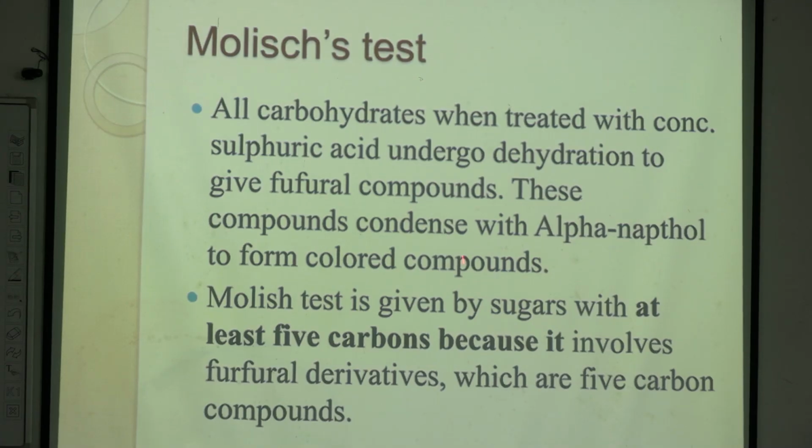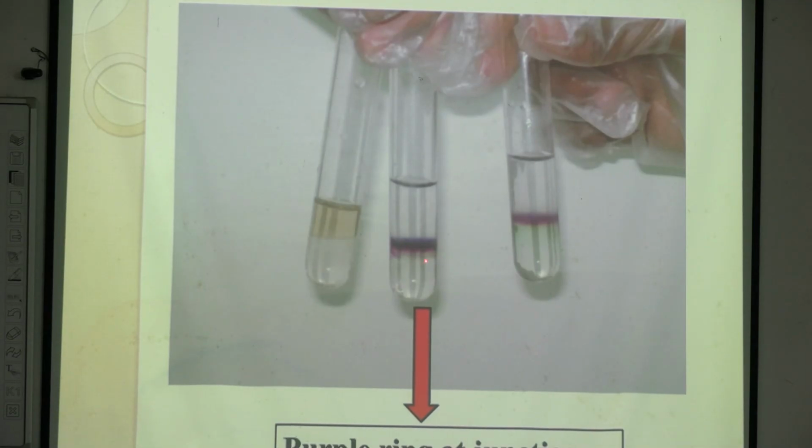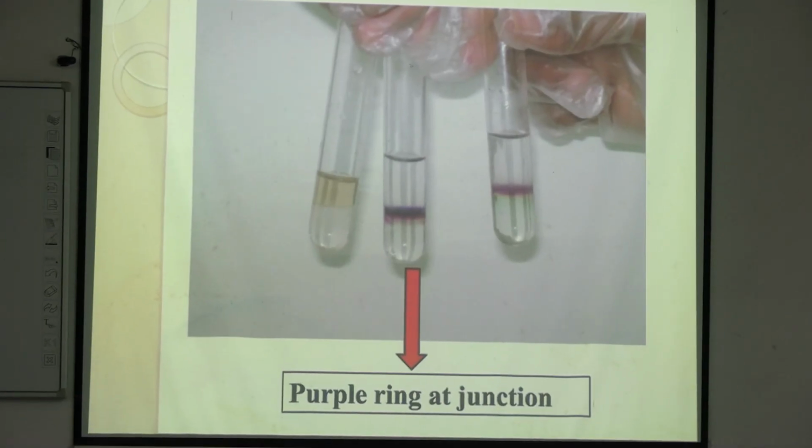Okay, and again they condense with alpha naphthol to form a colored compound. So we will get a colored product. But here is a thing, the minimum number of carbon required in a monosaccharide or in any carbohydrate is at least 5 carbon. Okay, so glyceraldehyde will not give positive in Molisch. So this is how the positive Molisch looks.